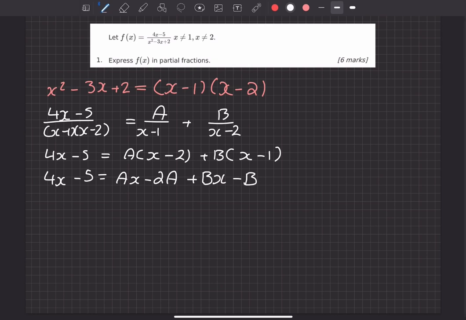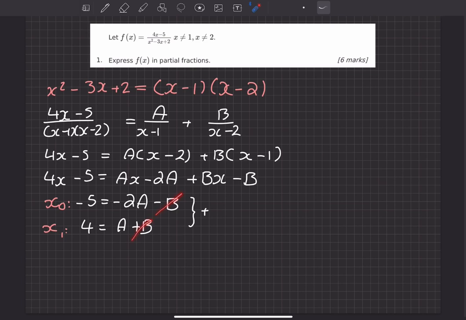And what we want to do next is we want to use the method I showed at the start of the video, where x naught and x1. So x naught would be our minus 5, our minus 2a, and our minus b. So we have minus 5 equals minus 2a minus b. And for x1, we'll have 4x equals a plus b, right? And you can already start the systems of equations straight away because these will cancel out.